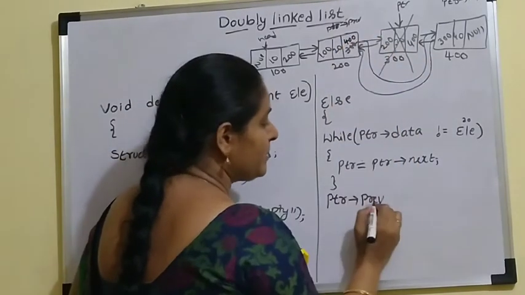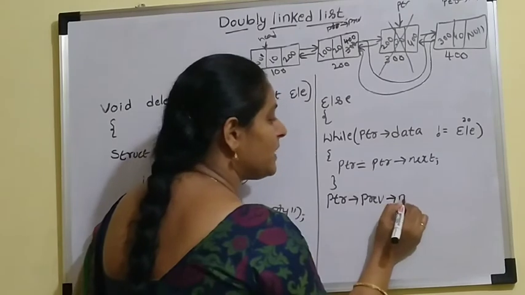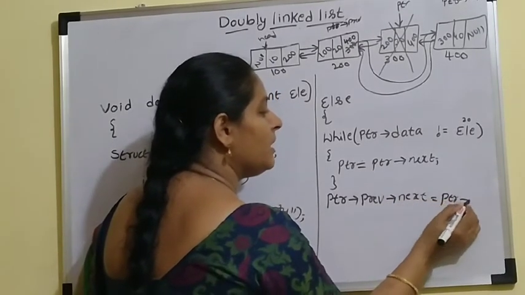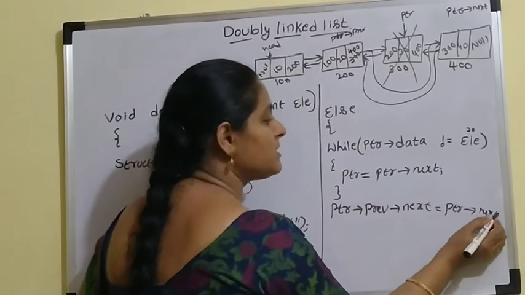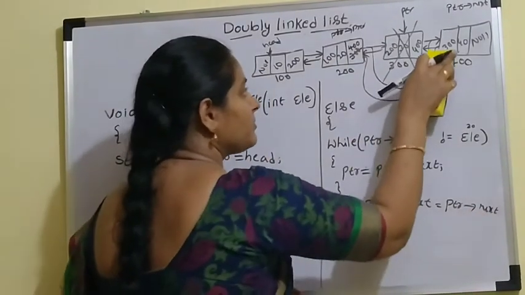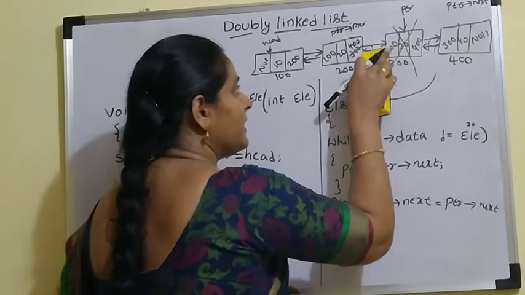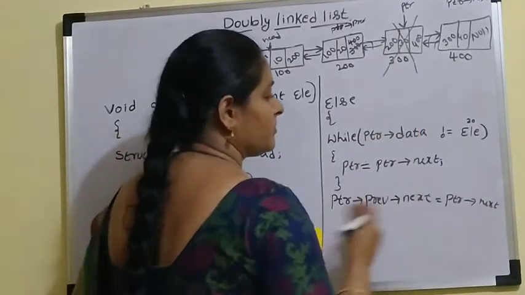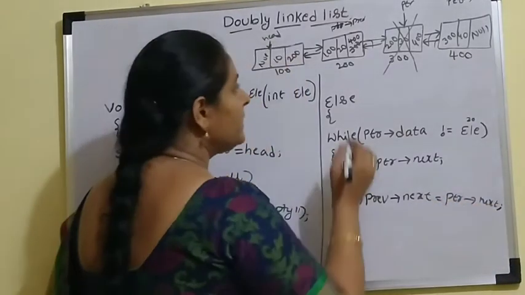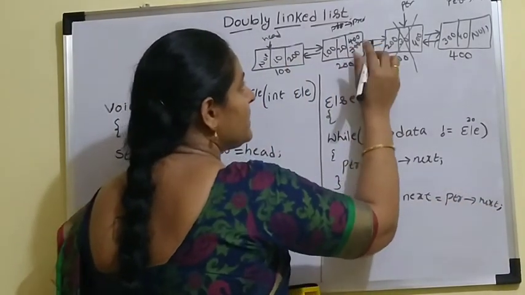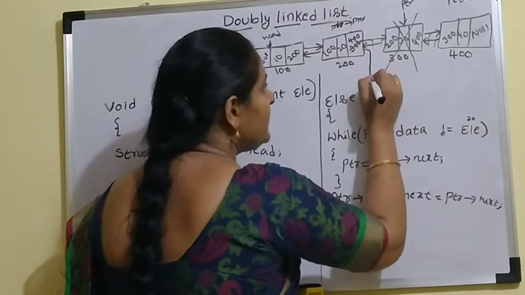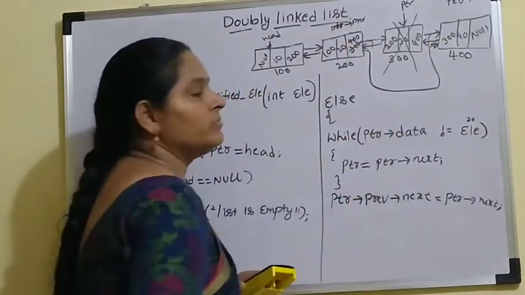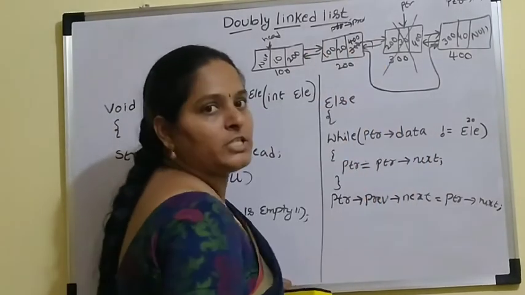So ptr previous next part we should replace with ptr next. When this statement is executed, I'll draw it clearly, 400 will be saved here and the link will be established between ptr previous node and ptr next node.